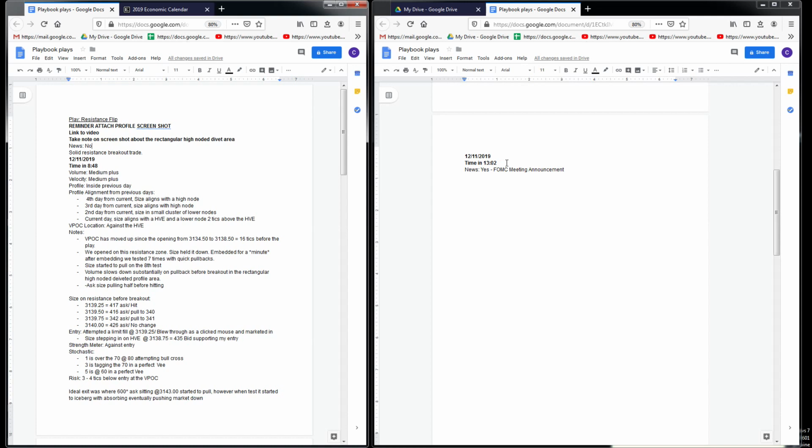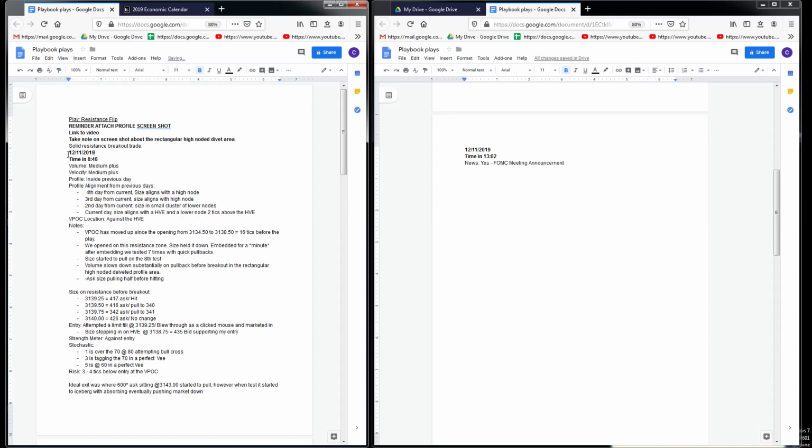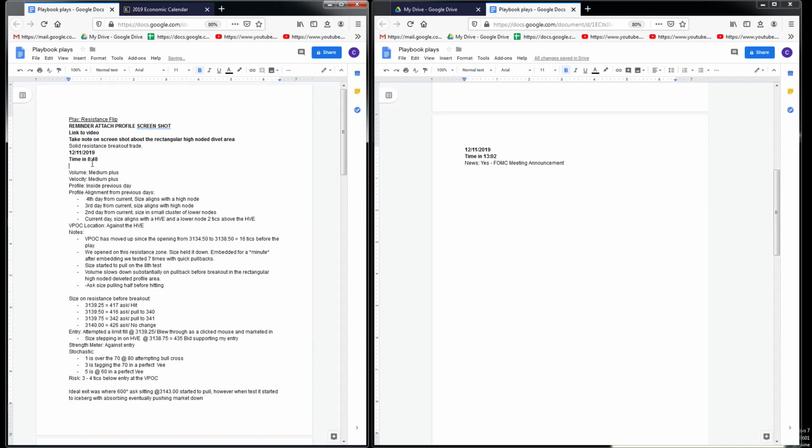News. Because I want to make these look the same, so that this kind of bothers me right here. We'll go ahead and Control C. Control V. News, no. Okay, there we go. We're making it look the same.